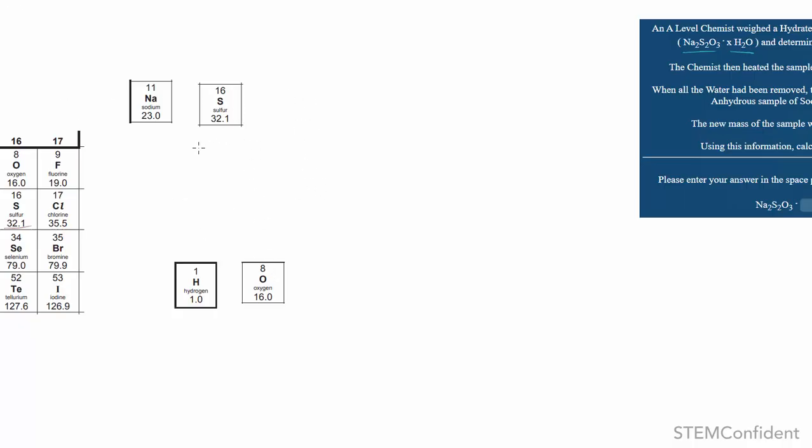Okay, so Na₂, that would be 23 times 2, and then S2, so that would be plus 32.1 times 2, and O3, so that would be plus 16 times 3, okay?